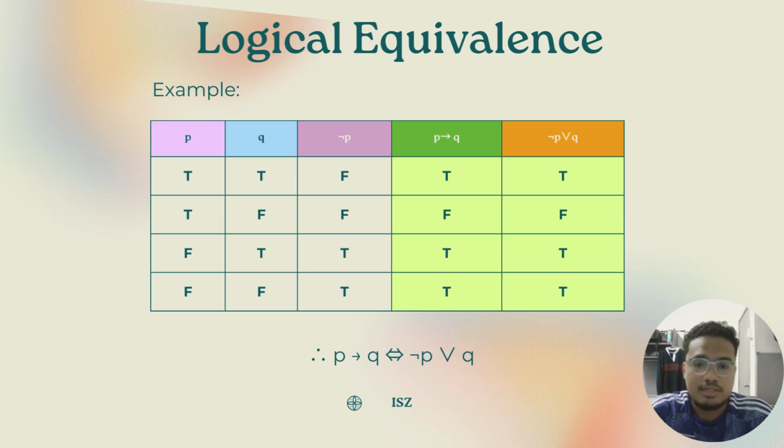By here, we can see that P implies Q and not P or Q both have the same truth value. So therefore, P implies Q is logically equivalent to not P or Q.